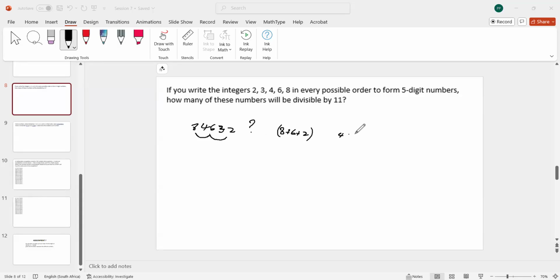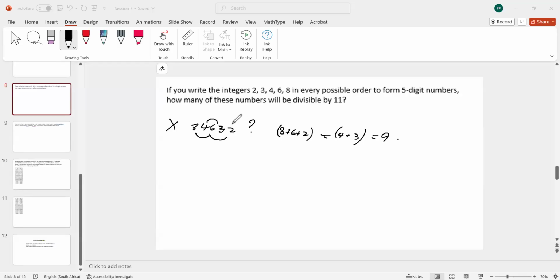And the other sum is 4 plus 3. Subtract those two and see whether that number is divisible by 11. So you got 16 minus 7 is 9. So this doesn't work. This is not one of the numbers which will work.